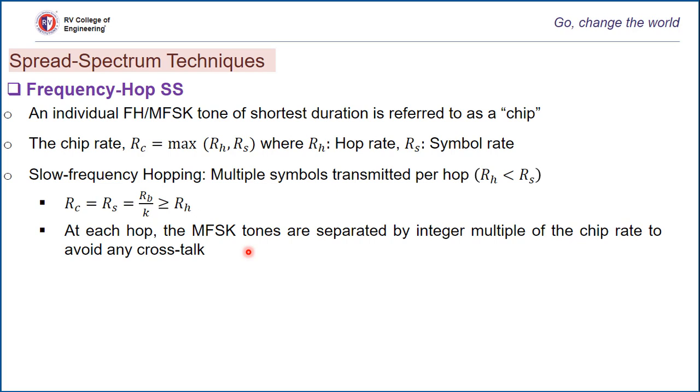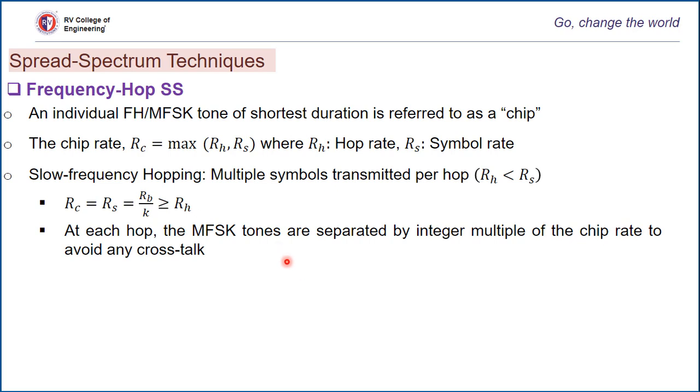At each hop, the MFSK tones are separated in frequency by an integer multiple of the chip rate RC, which is equal to RS, ensuring their orthogonality. As we know, this separation of frequencies in MFSK should follow the orthogonality principle.